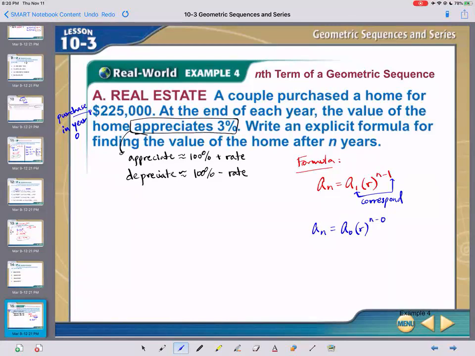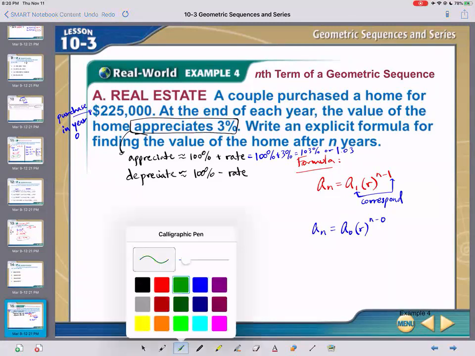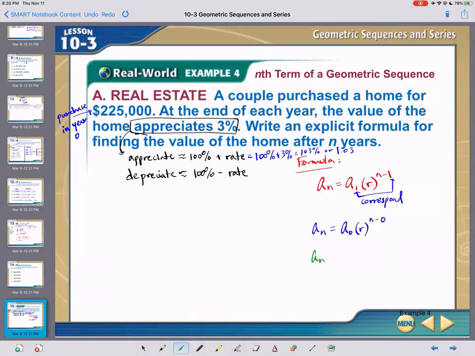We also have the appreciate. So we're 100% plus 3%, which is equal to 103%. Or if you divide that by 100, 1.03. So what does that mean for our problem? We plug in our values. We don't know A_n.